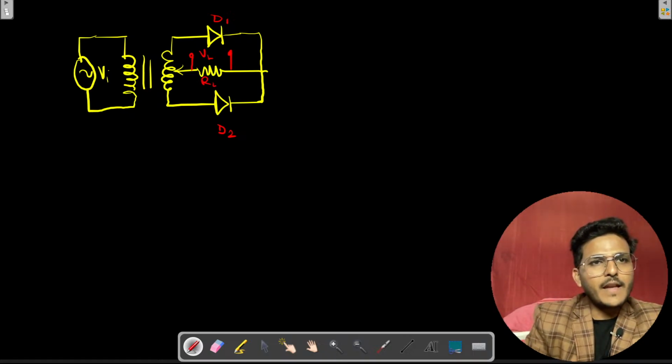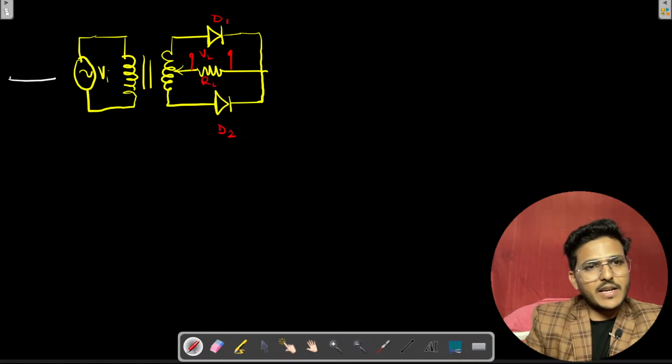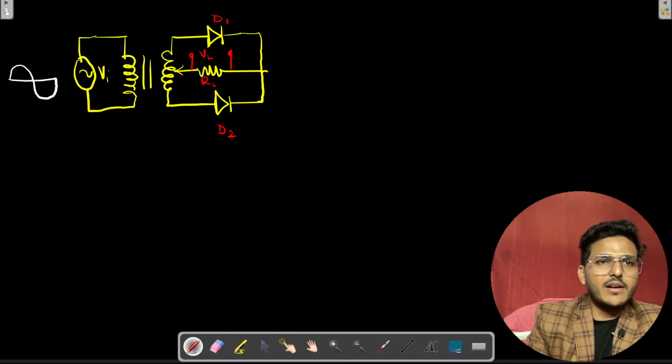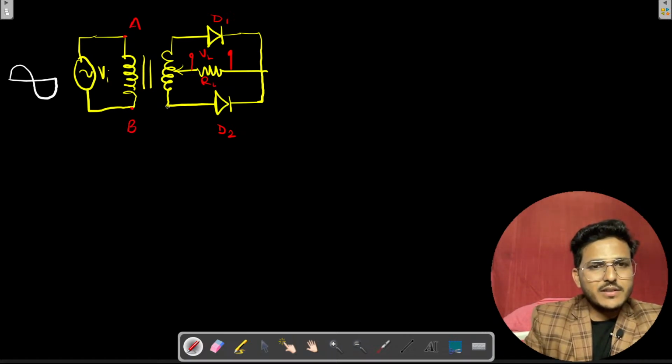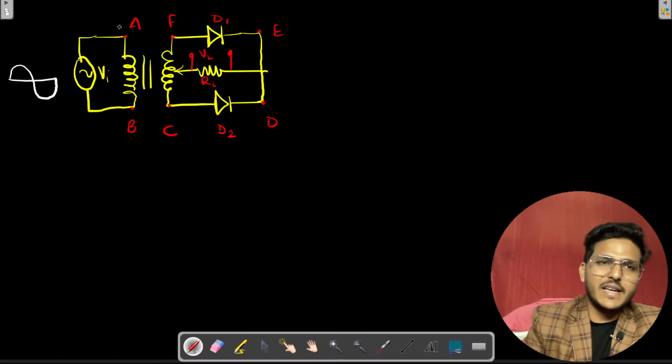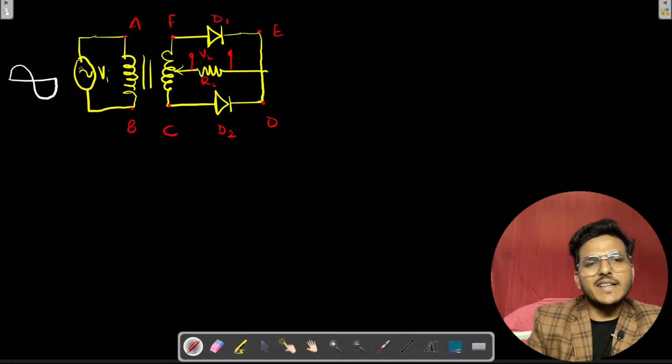See, an AC source is connected at the input end, and here we can put this point as A, this point as B, this point as C, this point as D, this point as E, and this point as F, right? A, B, C, D, E, F. Now see, if the first half of the AC signal comes at the input end, that one is this one.